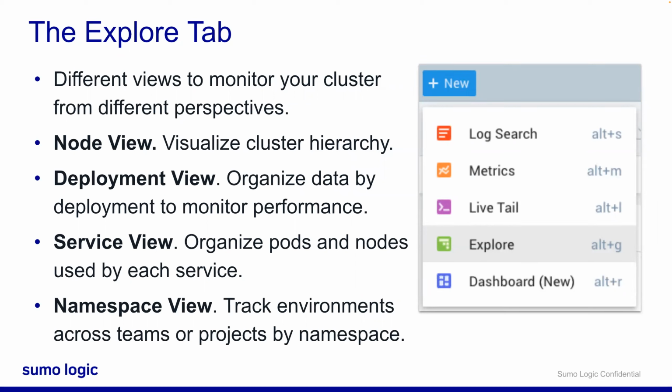At a high level, the node view is going to be utilized to show the cluster hierarchy. The deployment view is going to be used to monitor performance. The service view is going to be used to look at the pods and nodes by each service. And then the namespace view is to track across namespaces, hence the name. Going to get a little more granular, or more descriptive, with those.